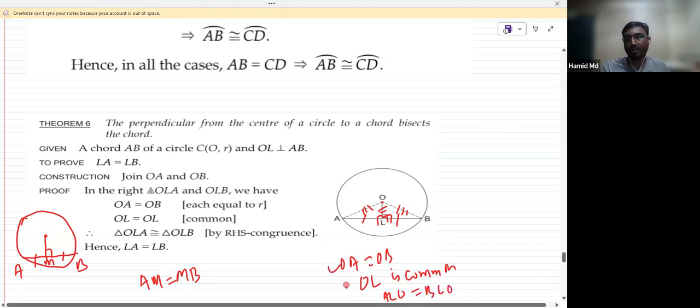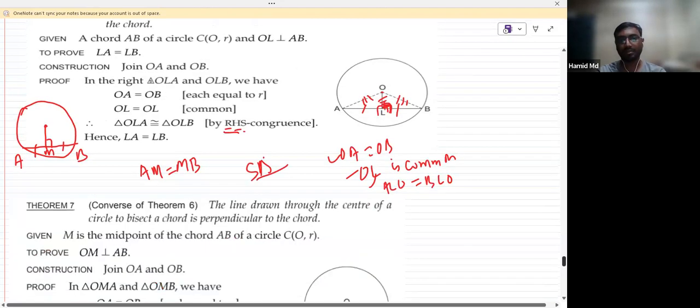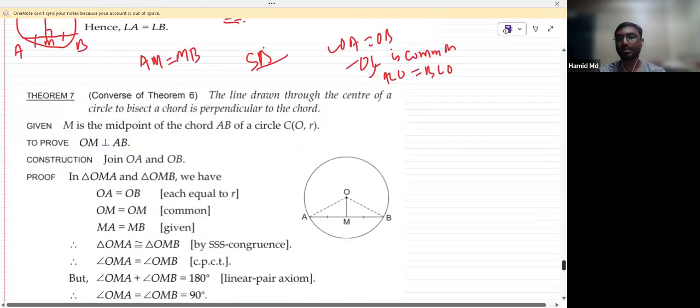So side, angle, side. Better to call it right angle hypotenuse side, since it is a right angle. When it is 90 degrees, we call it RHS. Okay, so the next one is the converse of it.